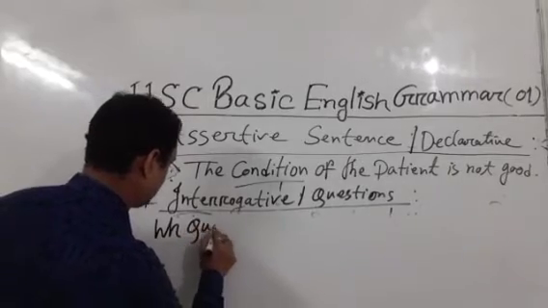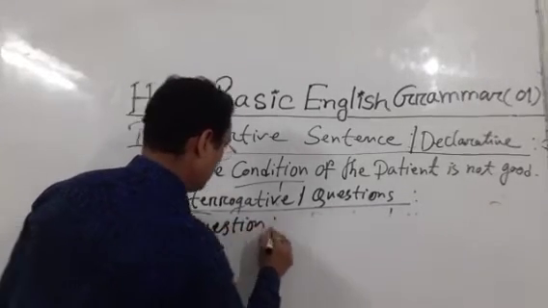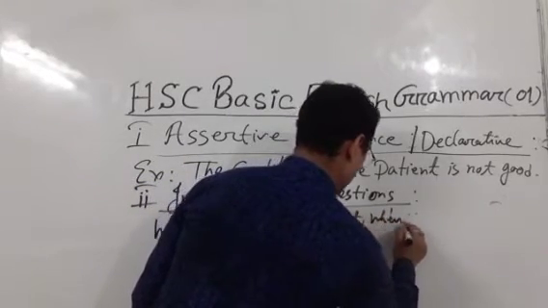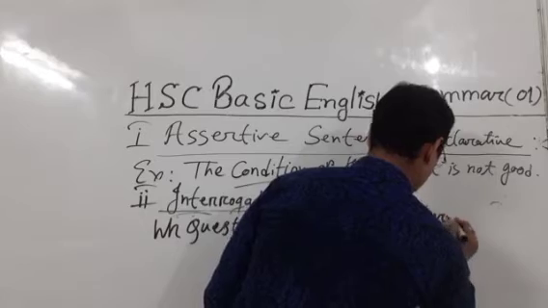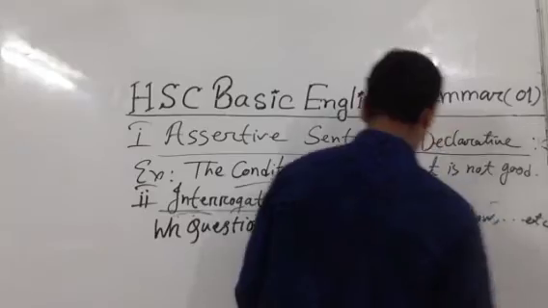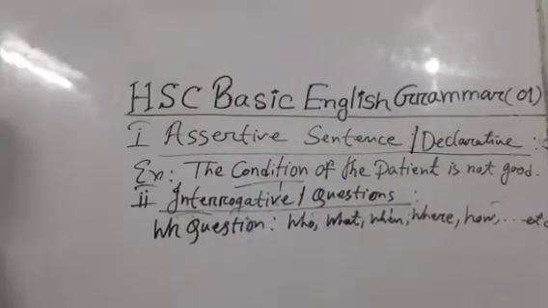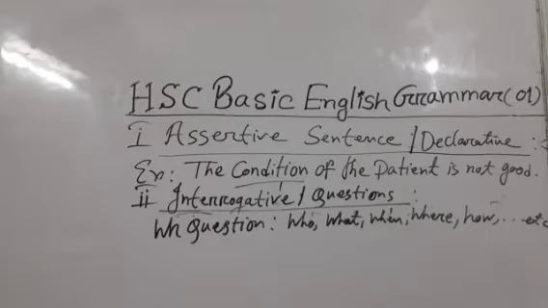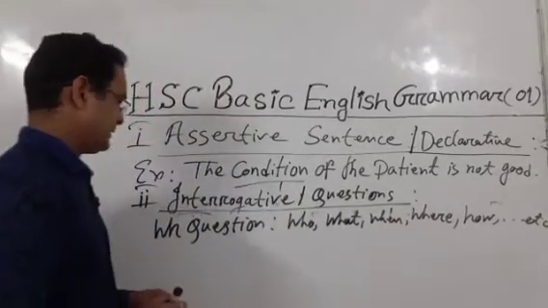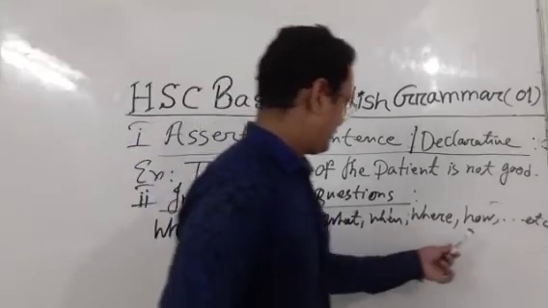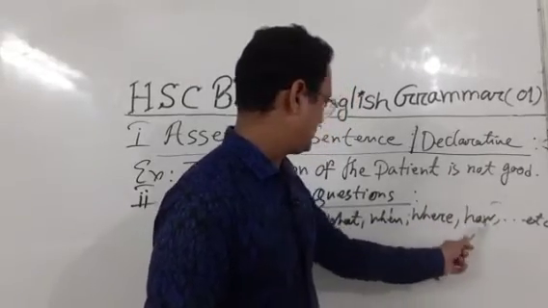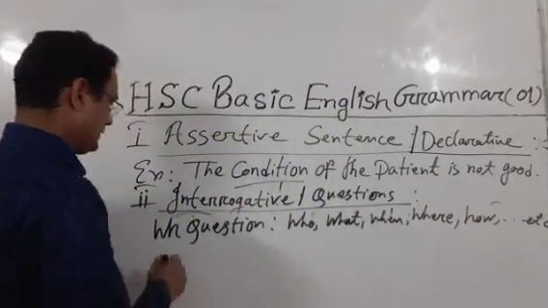WH questions are who, what, when, where, how, etc. These are the WH questions, and there are a lot of them. Though how is not started with WH, it is part of the WH questions. And another is to be verb.